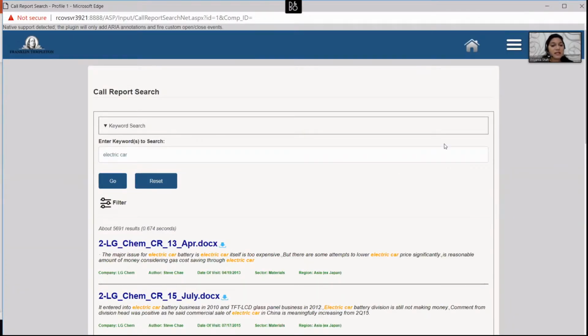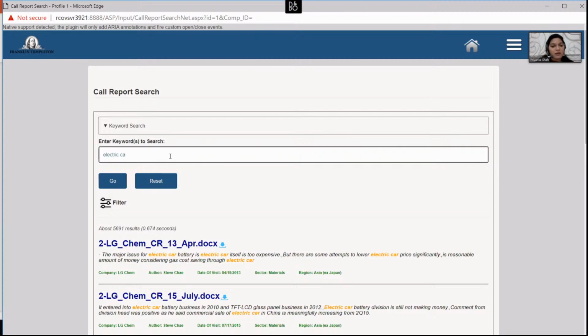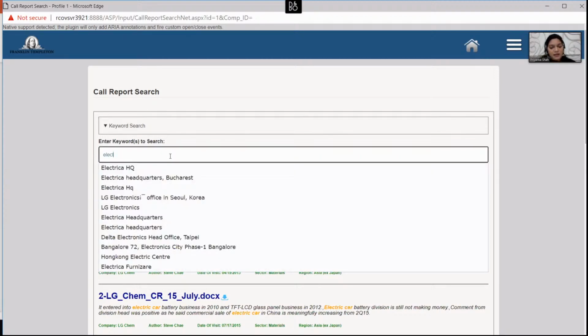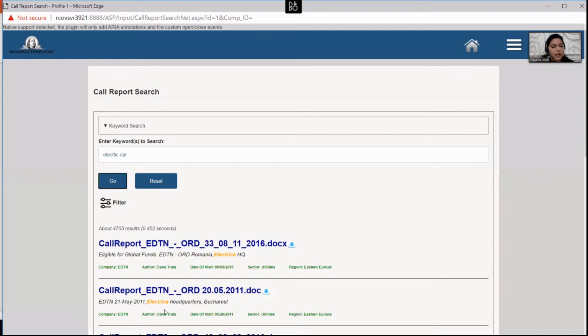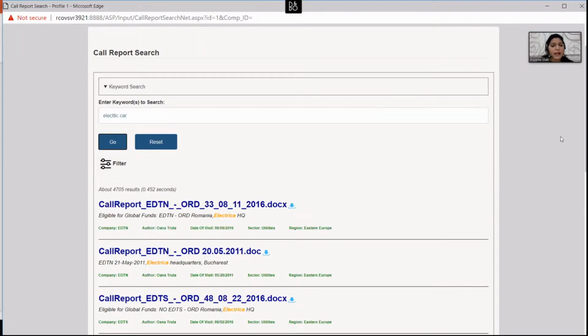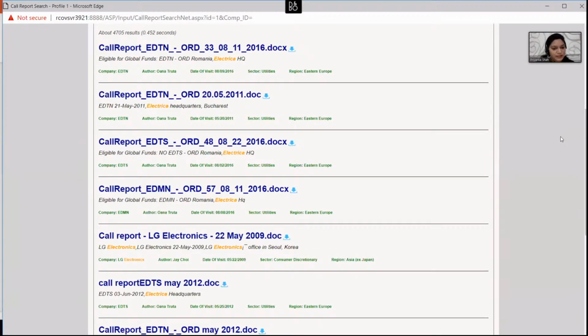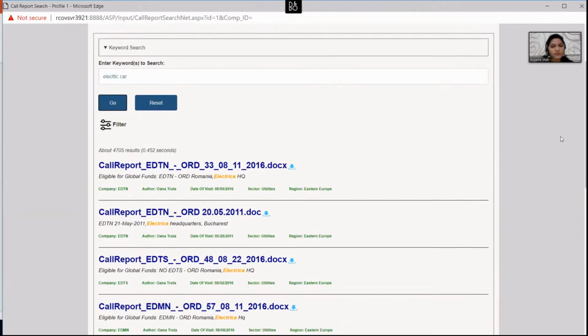If I mistype something, like "eclectic car", it will still approximate my search, try to correct it, and give me back relatable call results. So far, so good.